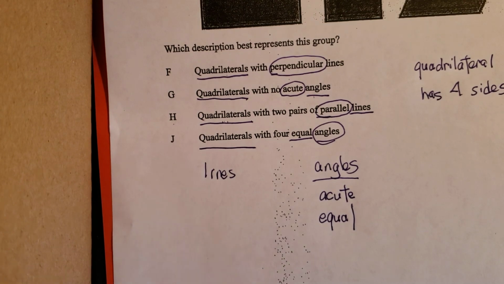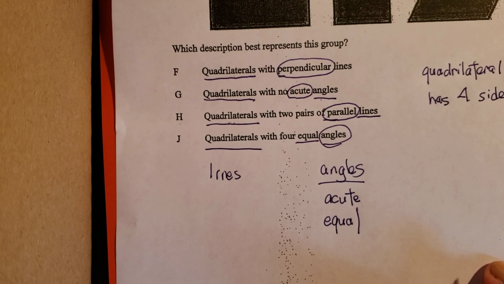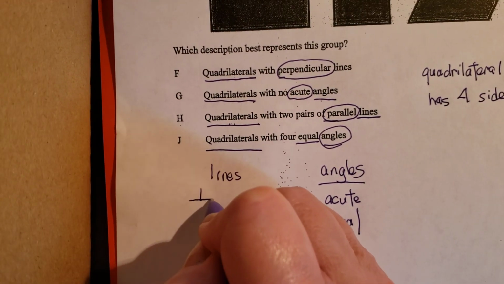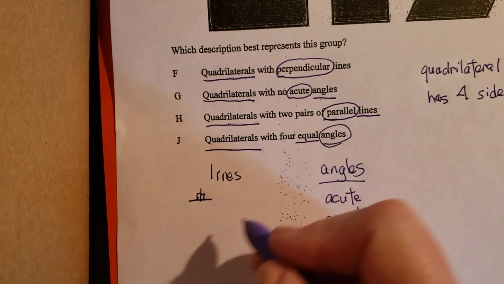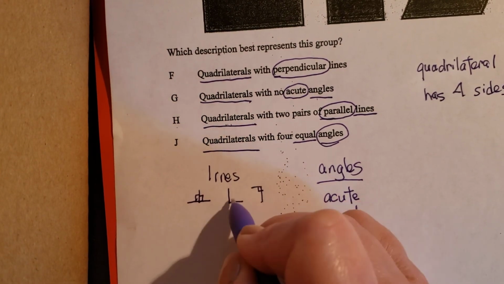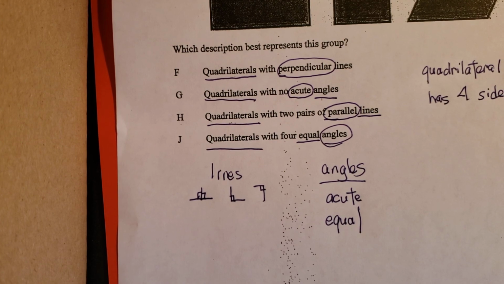Equal. Now let's look at the type of lines. Perpendicular lines. Those are the ones that are going to make that nice straight angle. Perpendicular. So it could look like that, it could look like that, it could look like that, but it makes that right angle. That's just a little gift from me.